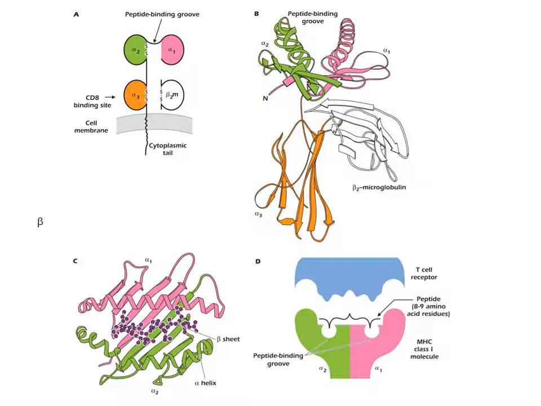Now remember, again, something that you want to remember for good, that this groove can only take a peptide which is 8 to 9 amino acids. So you have a big chunk, you have to cut it up, no less, no more. And just snugly attach it, an 8 to 9 amino acid sequence over here. You can see from here, that would then be seen by a T cell.